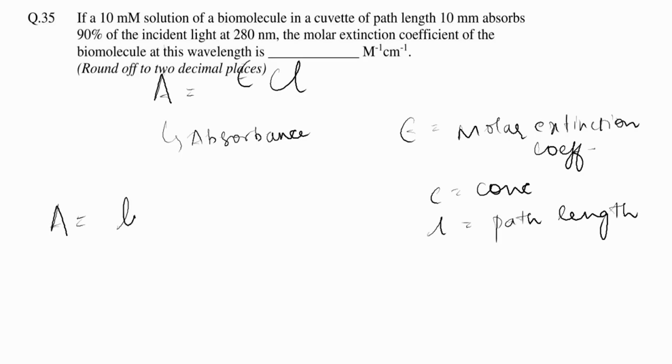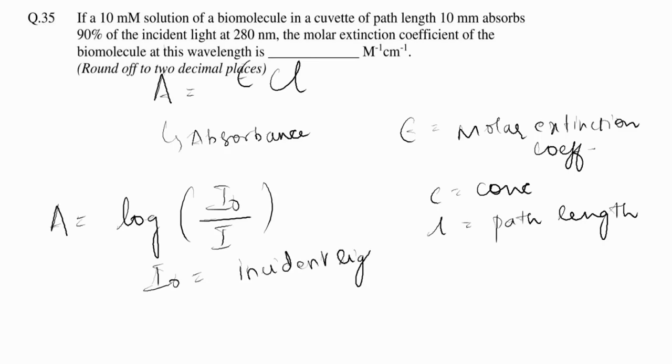Absorbance is given by the formula log of I naught by I, where I naught is equal to the intensity of the incident light, and I is equal to the intensity of the transmitted light.